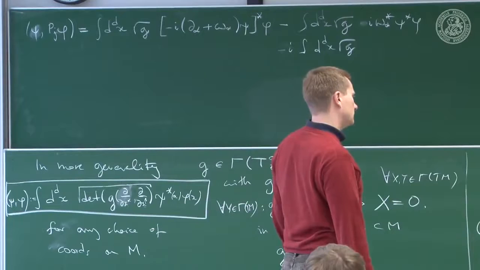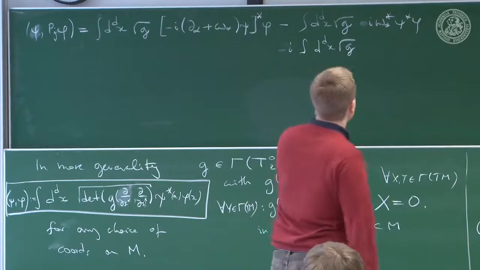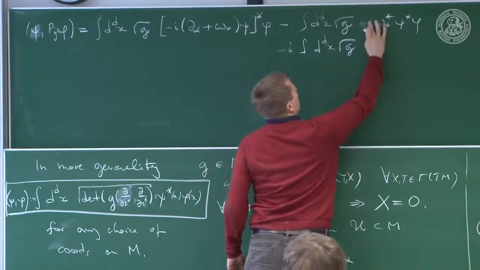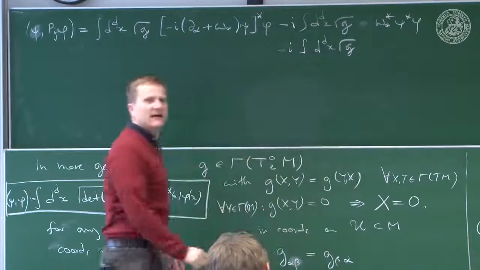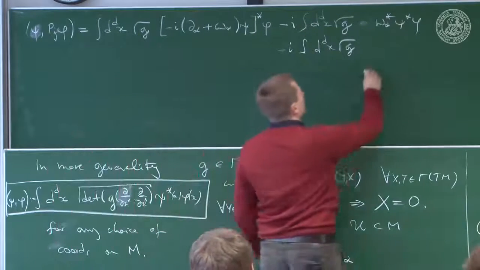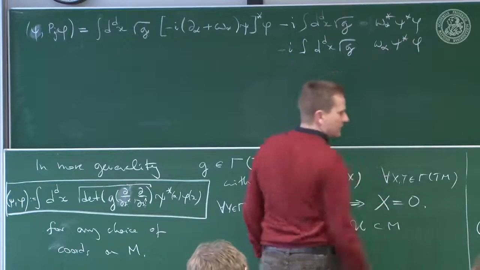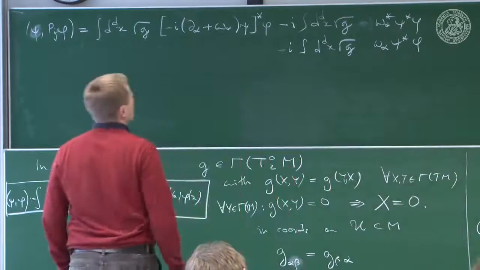Is that correct? Yeah, that's right. So there's the I from here that goes here one, two times. Exactly, thank you. Okay, so omega alpha psi star phi. That's right, that's this term.